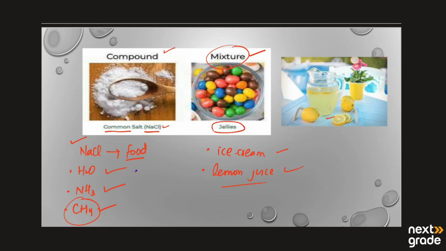In a compound, the composition is homogeneous, meaning the same composition throughout. On the other hand, mixtures like jellies may be homogeneous or heterogeneous, meaning their composition may be the same or may differ.